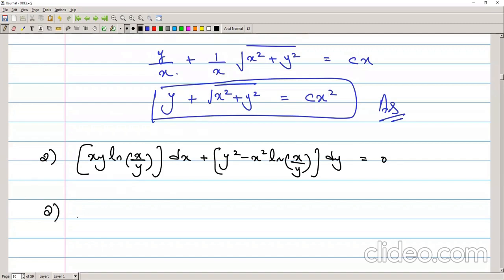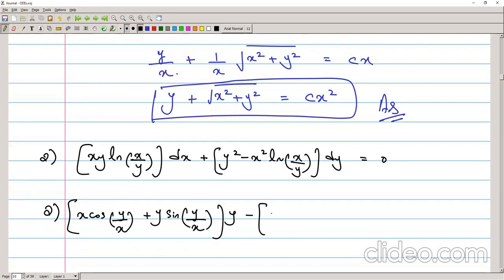And one more problem is x cosine y over x plus y sine y over x times y minus y sine y over x minus x cosine y over x times dy by dx is equal to 0.